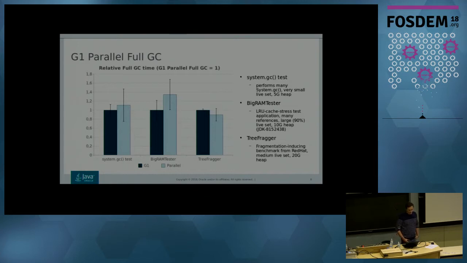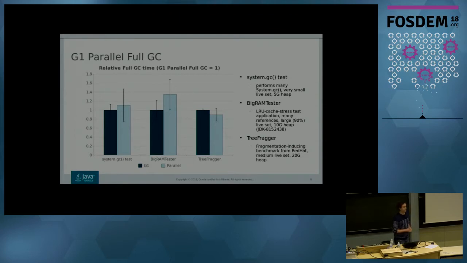So basically, we are comparing G1 parallel full GC with Parallel GC full GC on a few applications that I found rummaging in the bug tracker and on the mailing lists, and they should kind of represent applications with different liveness, different connectivity. There's the system GC test that performs many system GCs on a very small live set.